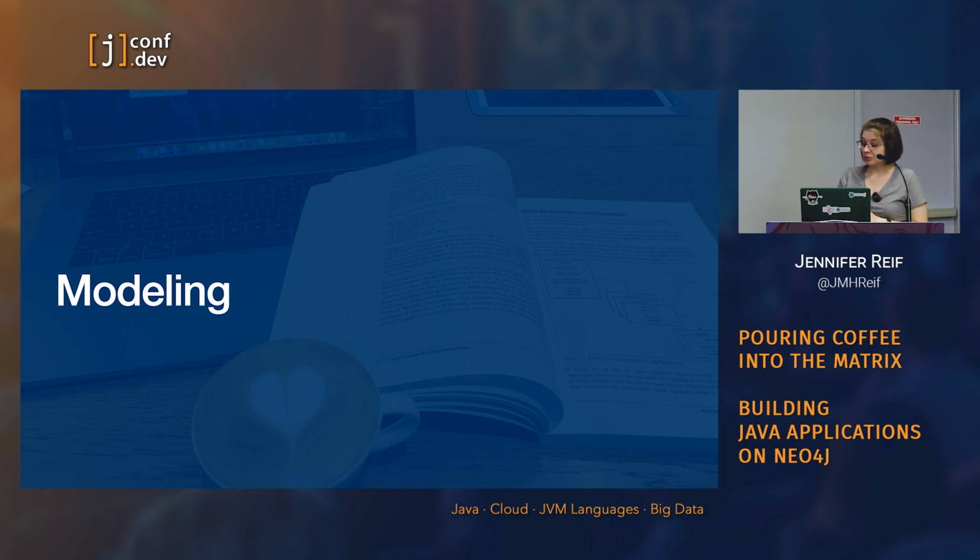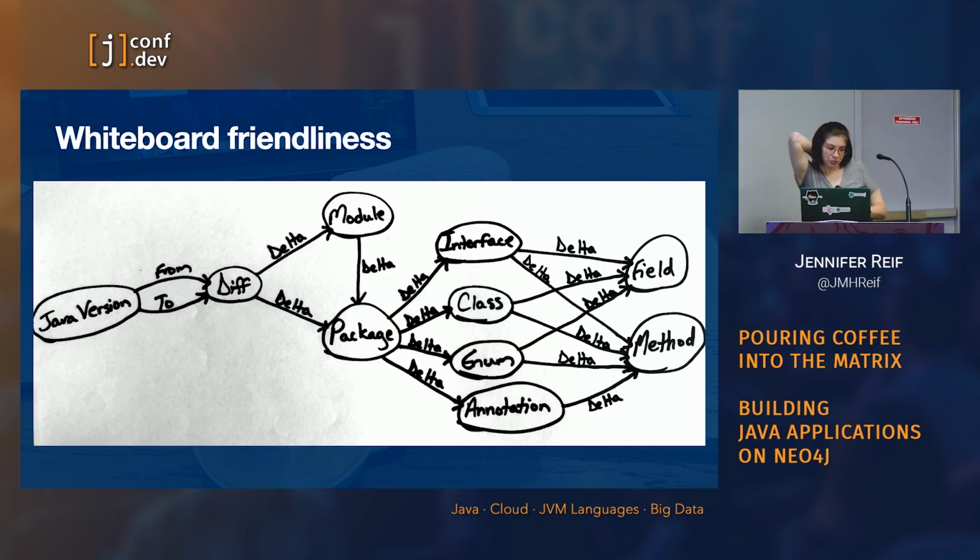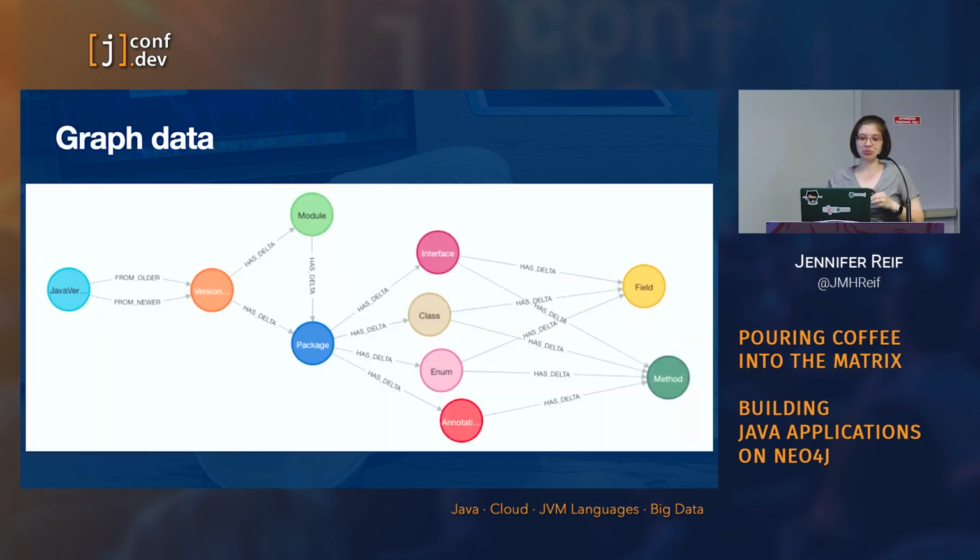All right, talk a little bit about the modeling aspect of it. Neo4j specifically is known for being whiteboard friendly. And what that means is most of us as developers, when we're faced with a new data domain or even an existing one that we might want to make changes to, we often will go to the whiteboard or a piece of paper and we'll draw it out, right? Well, the data domain that you would draw on the whiteboard is actually what is going to get put into Neo4j.